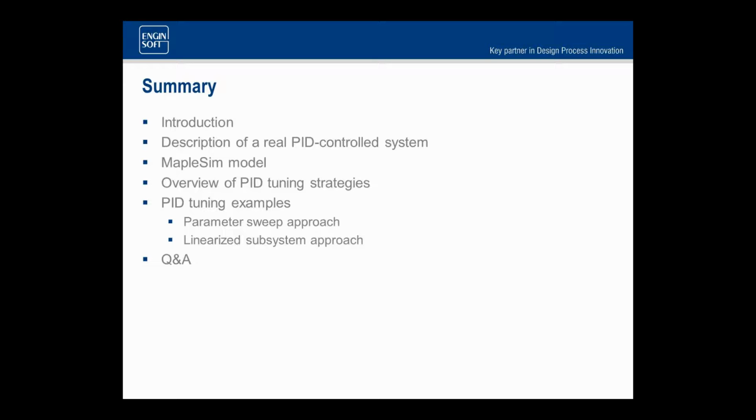Another important point to focus on are the conclusions, because the simulation results will be used to draw conclusions on how system behavior changes according to how PID gain parameters change. And it is very important because MapleSim enables the engineer to have this information at the beginning of the design phase of, let's say, a new machine.